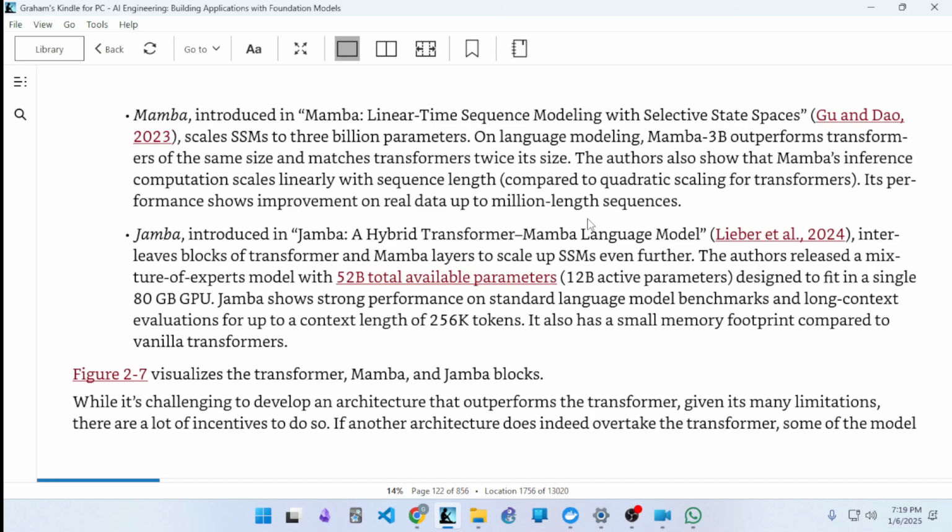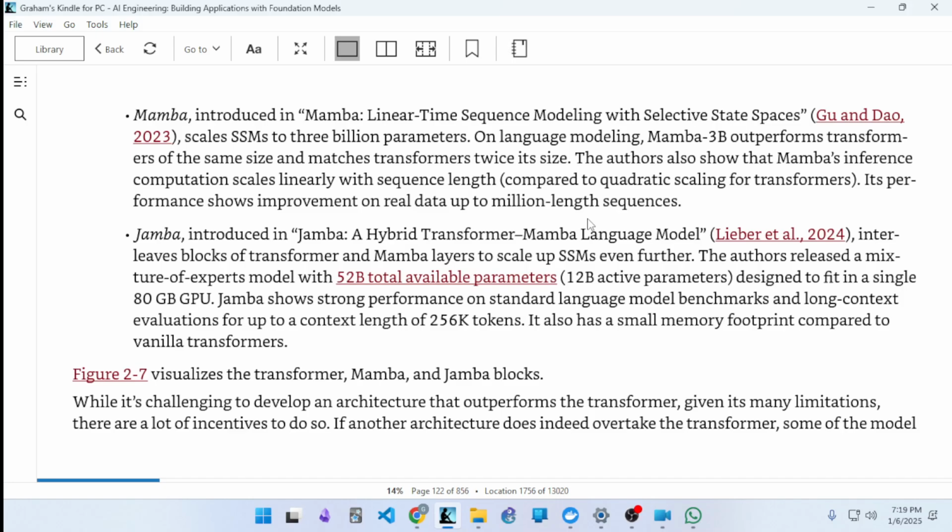Jamba shows strong performance on standard language model benchmarks and long-context evaluations for up to a context length of 256,000 tokens. It has a small memory footprint compared to vanilla transformers. Figure 2-7 visualizes the transformer, Mamba, and Jamba blocks.